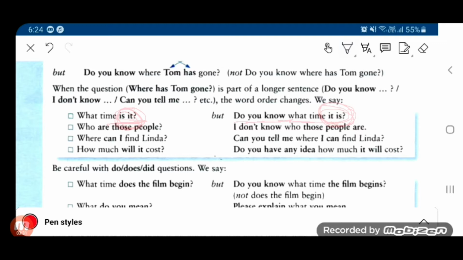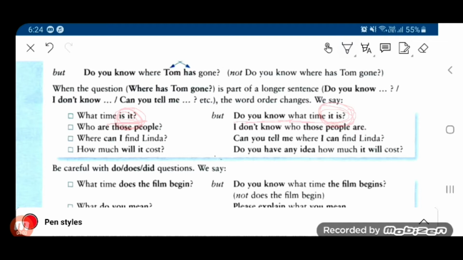Just remember one thing: when you make a longer sentence, the subject comes first and the helping verb after. When it is short and simple, you use the helping verb first and the subject later, as you can see in both examples.